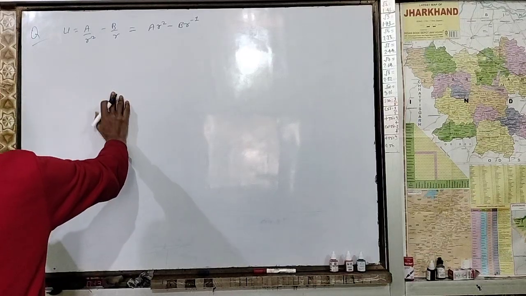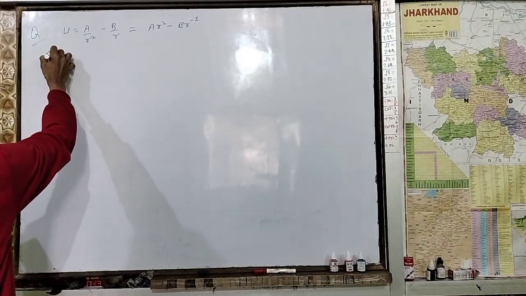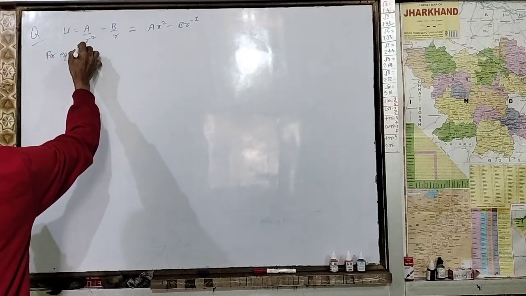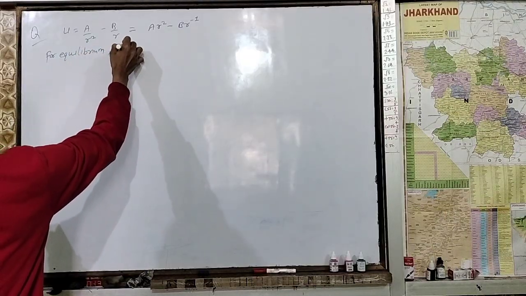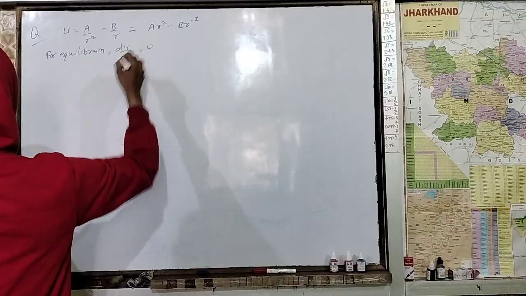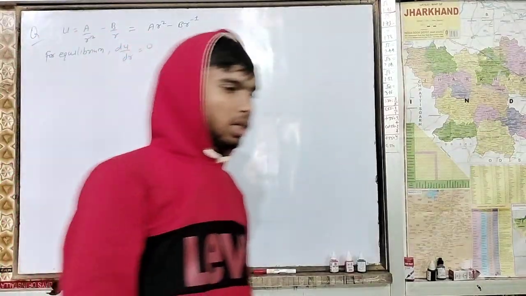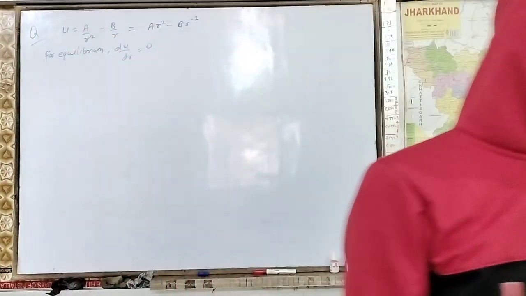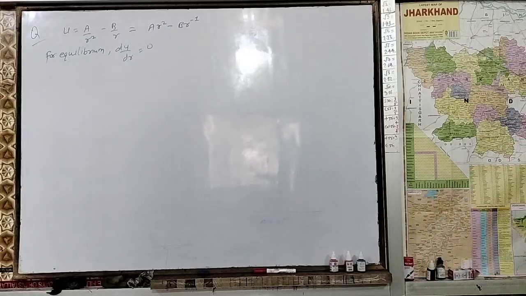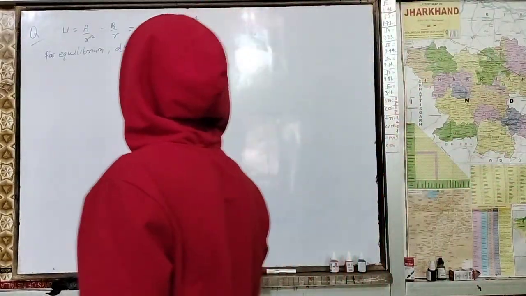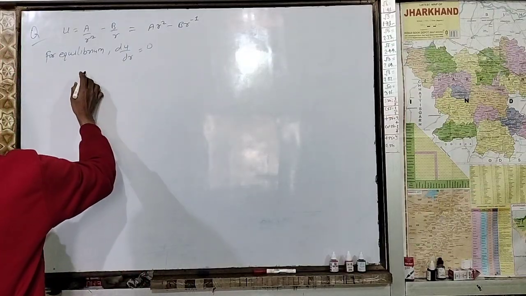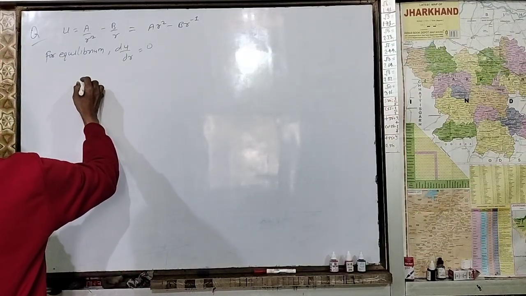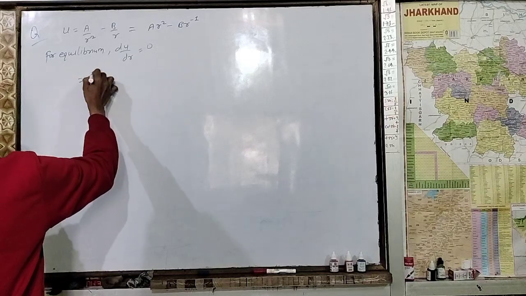For equilibrium, dU/dR is equal to 0. Equilibrium over here is a constant, so just put the value of U which is given.